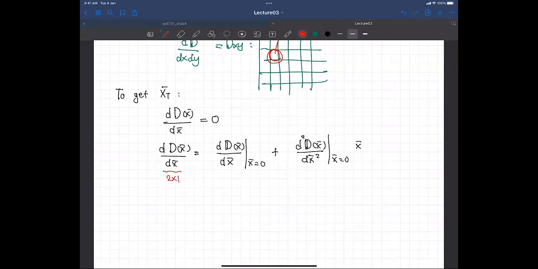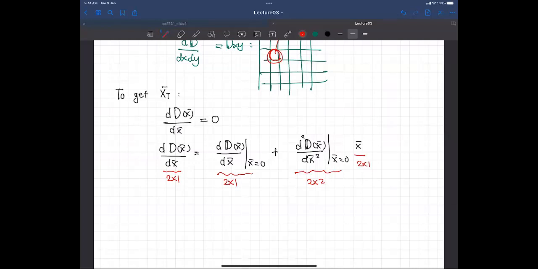So this is 2 by 1. What is the dimension of that one? It's the first derivative, which is the gradient of your DOG. It means that for one cell, one value, one pixel gives you a 2 by 1 vector. So what is the second derivative here? It is 2 by 2, right? Multiplied by x bar, 2 by 1. So everything is correct.